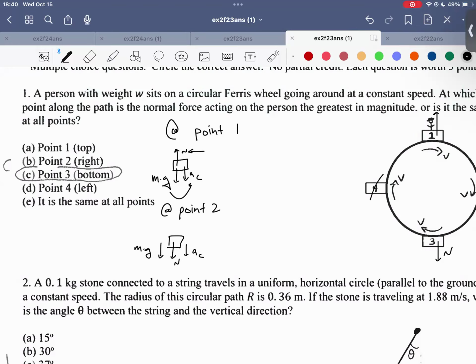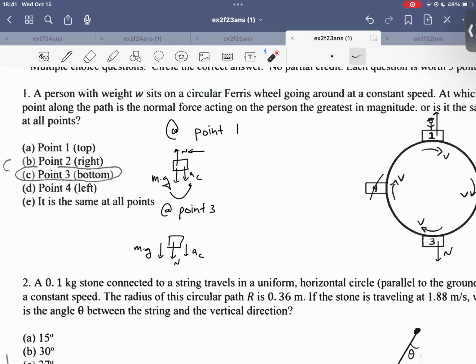In contrast, at point three, since your normal force is pointing in the same direction as mass times gravity, it's going to contribute, so instead of being lessened, it's actually going to be increased.